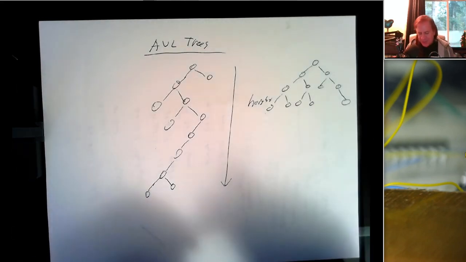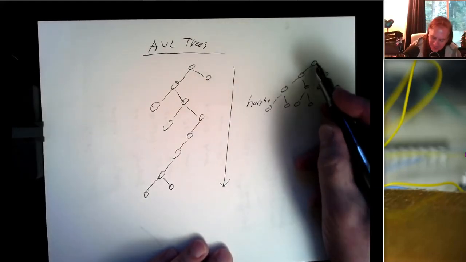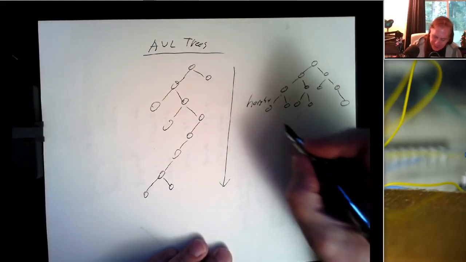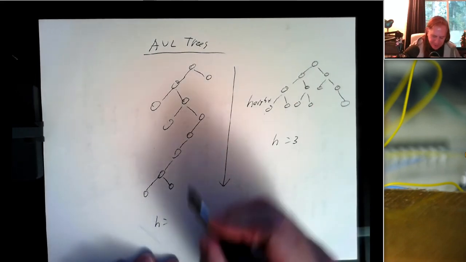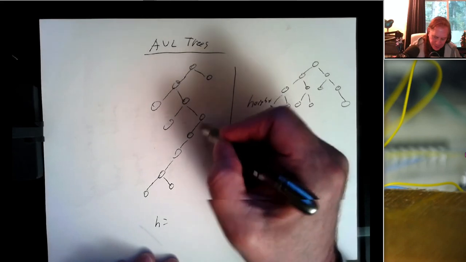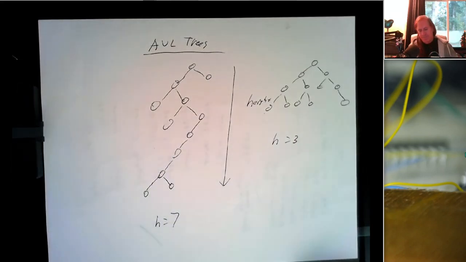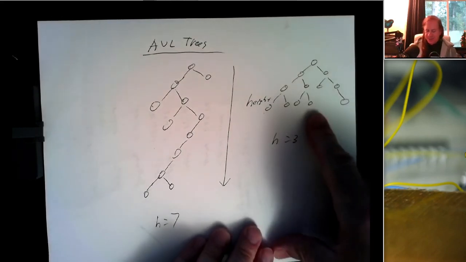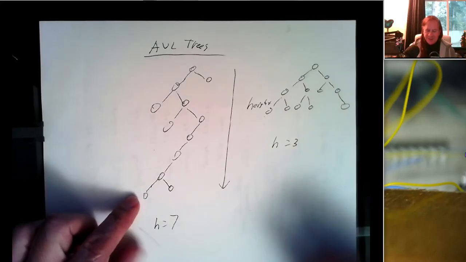Here's a different tree containing 12 nodes, and the distance from the root to the deepest node is 3, whereas over here the distance from the root to the deepest node is 1, 2, 3, 4, 5, 6, 7. So we can get to any node in this tree with only 3 operations, whereas in this case some of these nodes take 7 operations.